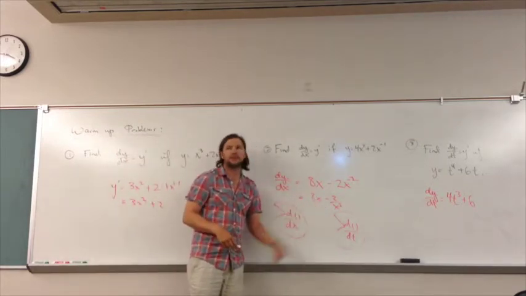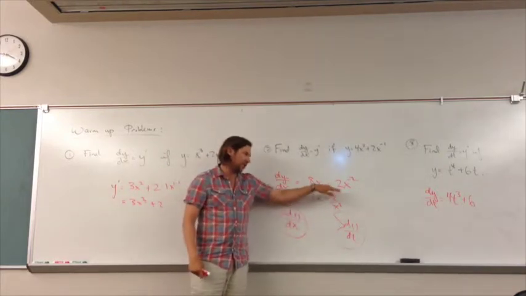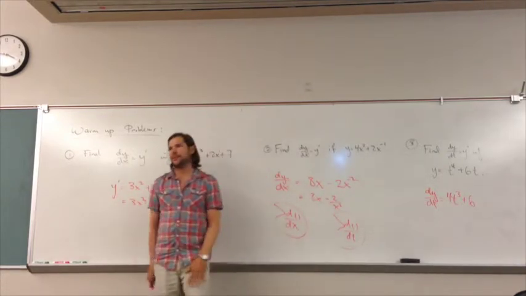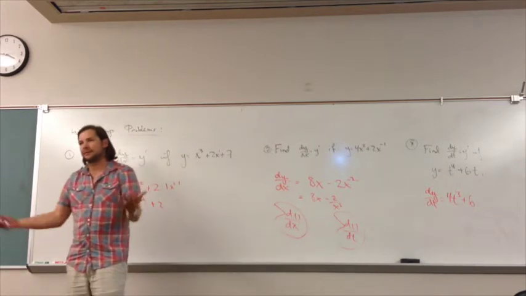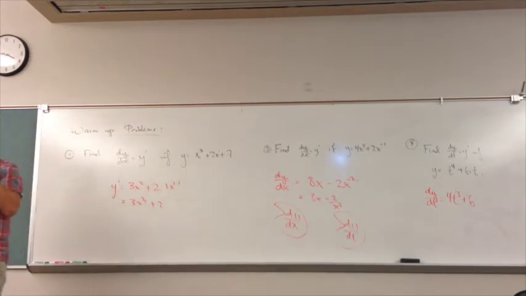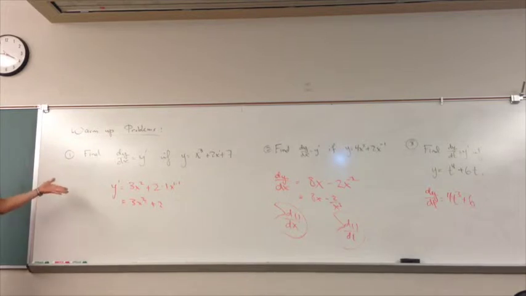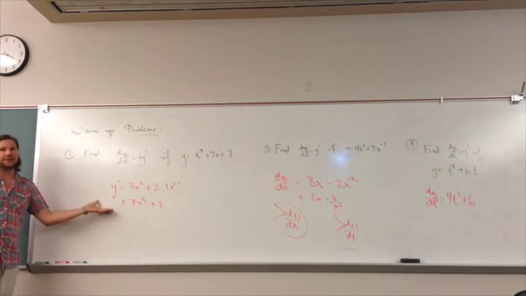But I guarantee that the book will have some written like this, and you'll need to turn it into that form. Just know that those two things are equal. That was the point of the review assignment on the first day, just getting used to those algebraic equivalences.